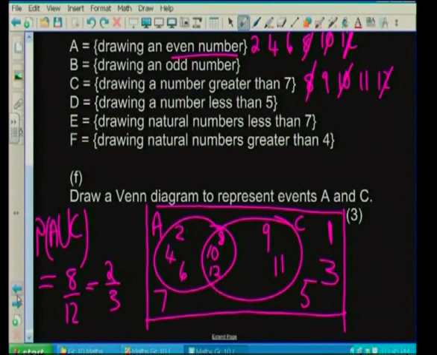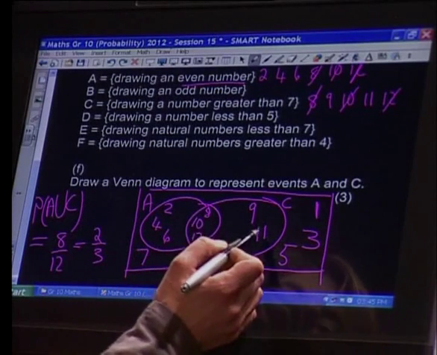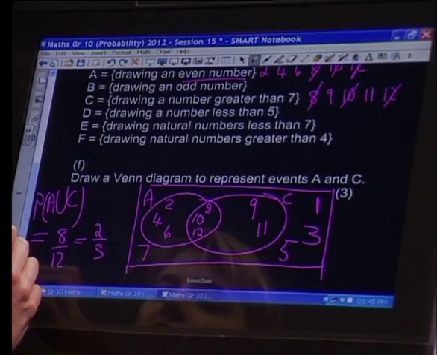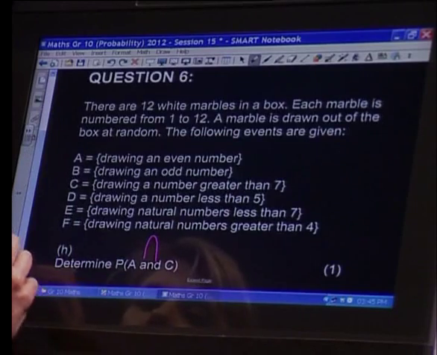So we can have a look quickly at our Venn diagram again. Right, so we've already calculated that the probability of A union C, that's the probability of A or C, is 8 out of 12. Let's look. 1, 2, 3, 4, 5, 6, 7, 8 elements in A or C. So therefore, my probability of A or C is 8 out of 12.